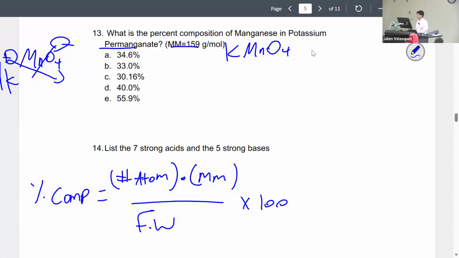Okay. So we're solving for manganese, right? And so, did anybody solve this? What answer choice is correct here? Yeah, it's the same thing.